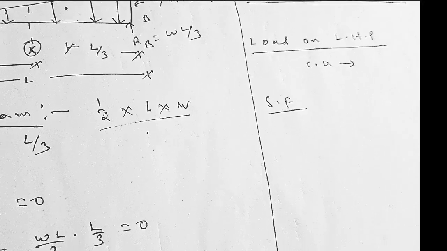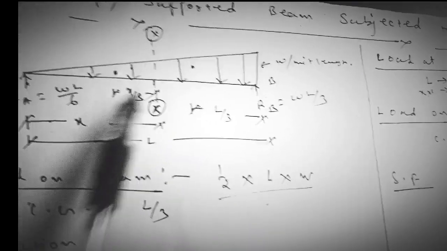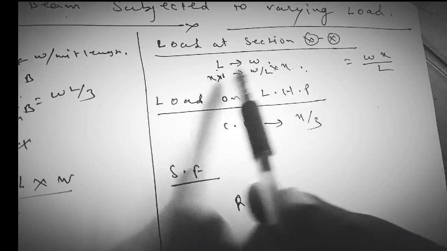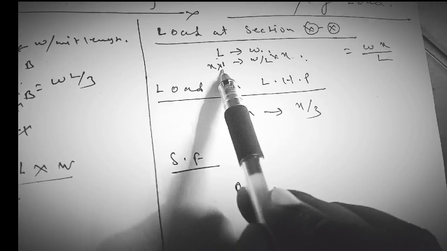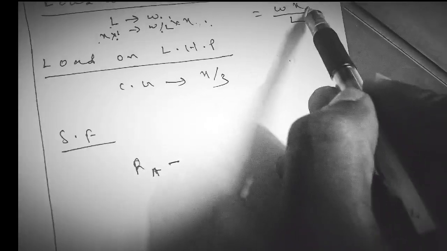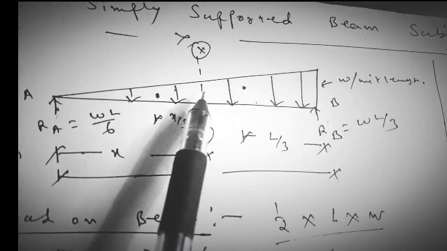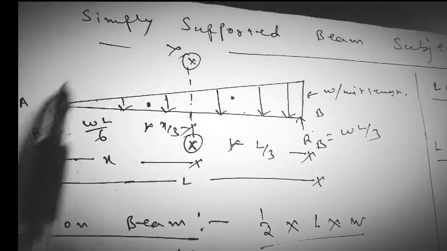Put here R suffix B, which is WL divided by 3. Let's determine now the load at section XX. What will be the load intensity at this section? For L unit, load is W; for 1 unit, load will be W by L; and for X unit it will be W by L into X. So this is the load intensity at section XX. Now, on the left hand portion of the section, what will be the load?